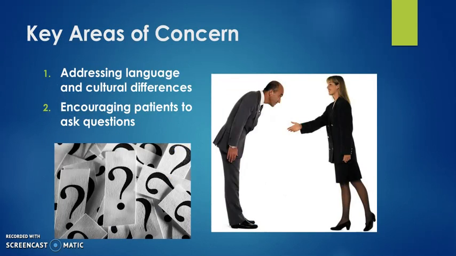So the two key areas of concern that I've chosen to speak about today are addressing language and cultural differences and encouraging patients to ask questions. You can see from this photo that in some cultures it's expected to shake hands with someone you're meeting for the first time, but in other cultures the norm is to bow.